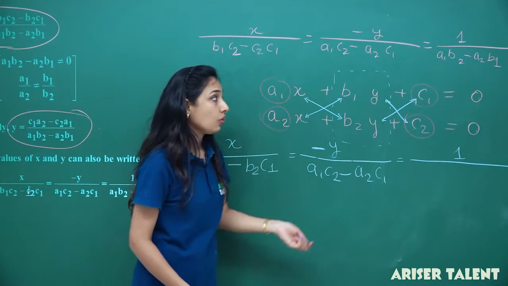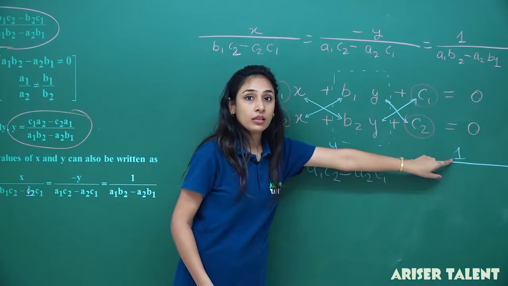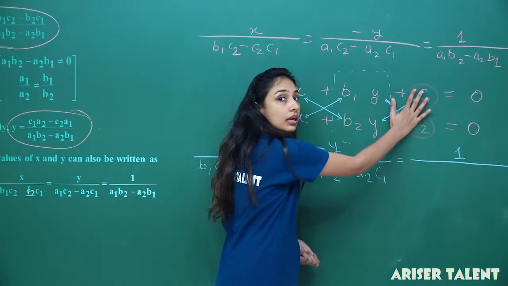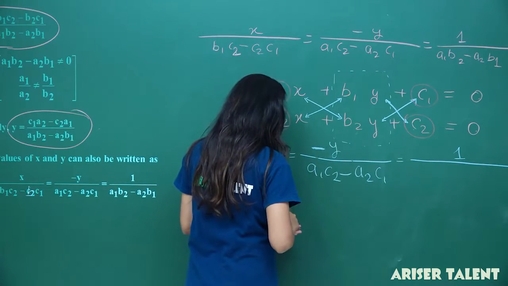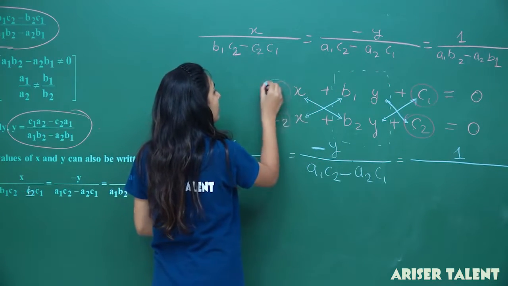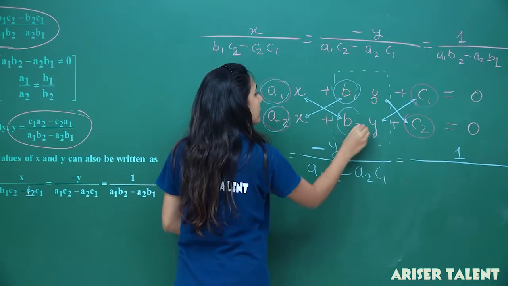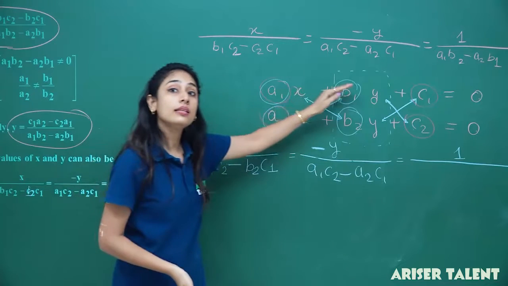Okay. Now next is the constants, C1 and C2. If I am going with the constant, I will hide this. If I hide this, you will be remaining with this portion, this and this. Again this side minus this side.